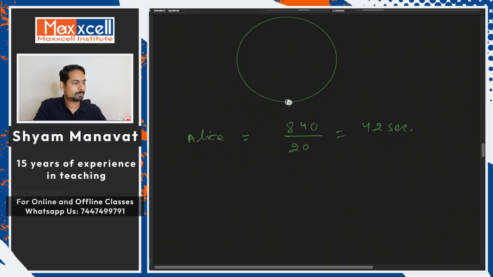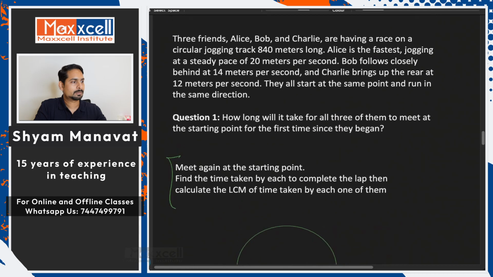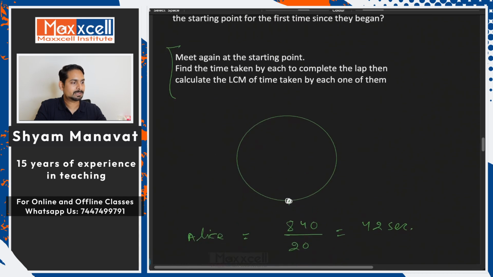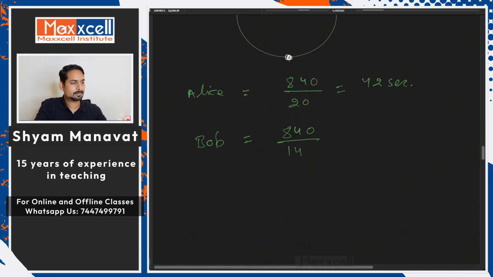For Bob, the distance is 840 and the speed of Bob is 14 meters per second, so this will be 60 seconds.